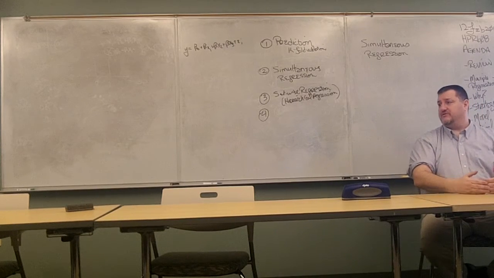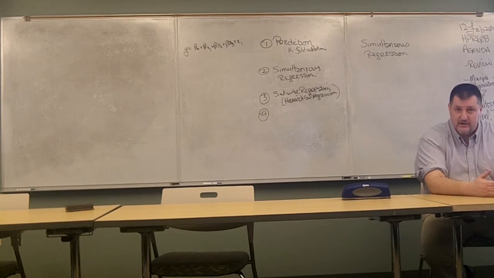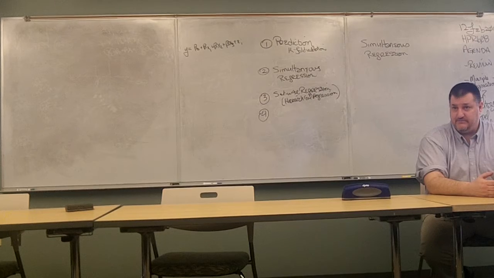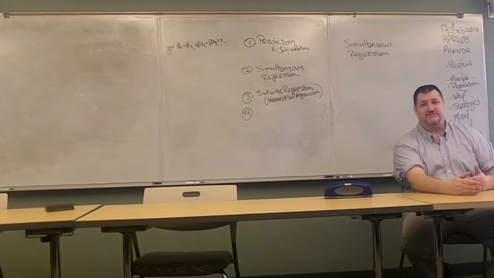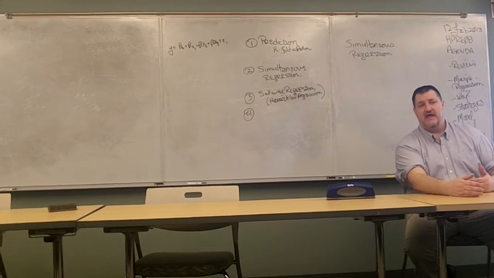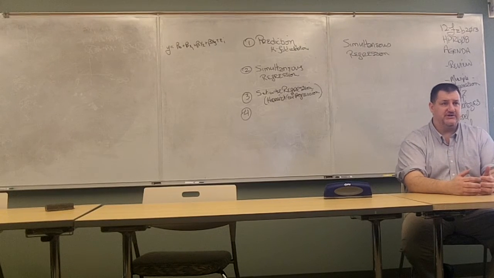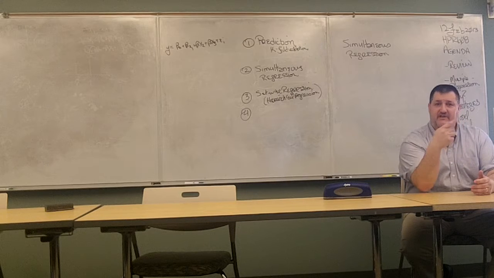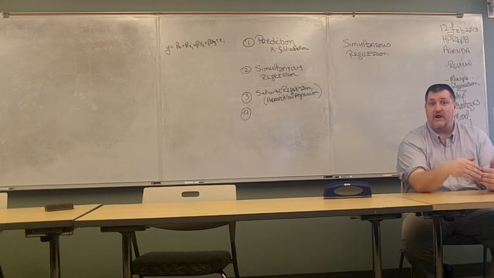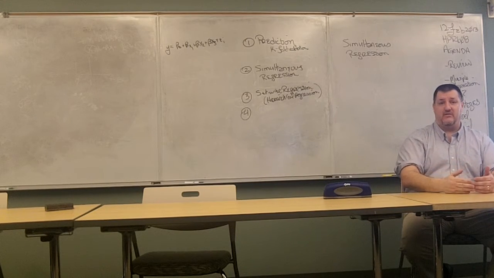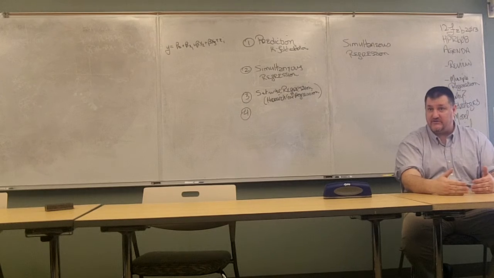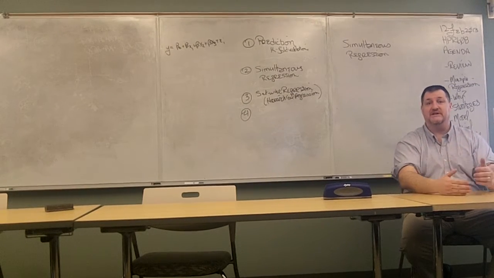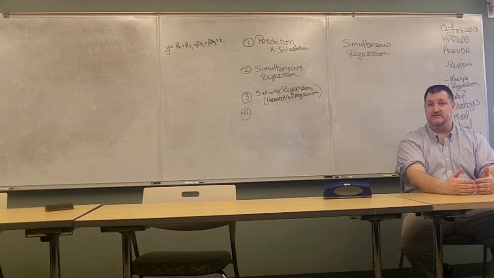So, in a stepwise approach, you can do a forward stepwise regression, or you can do a reverse stepwise regression. In a forward stepwise regression, each variable is entered into the model individually at step 1. The variable that explains most of the variance relative to the other variables gets included into the model first.